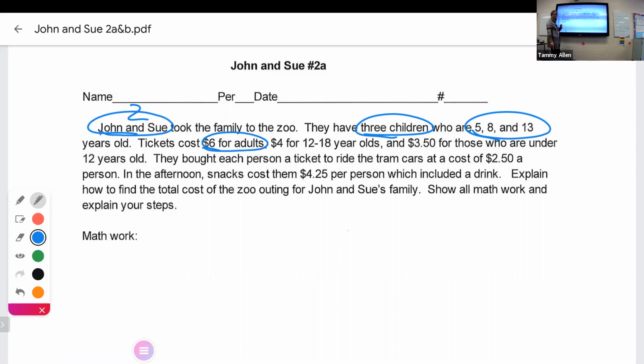Anything else? Okay, so let's include that and that.